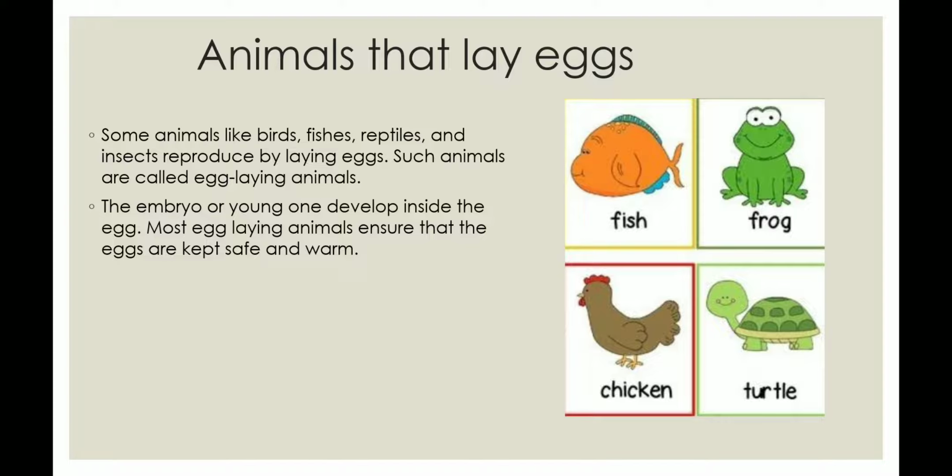So this baby will be fully developed first inside the egg, and then only it will come out of the egg. Most egg-laying animals ensure that the eggs are kept safe and warm. So same with the mammals. These animals also take very good care of their eggs, and they also keep them safe and warm.